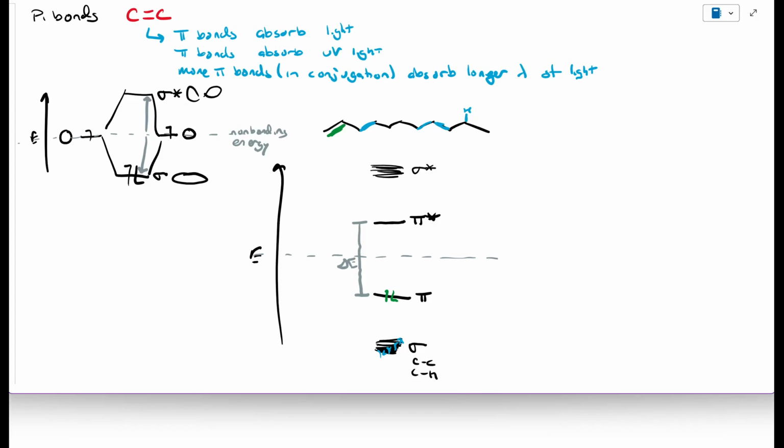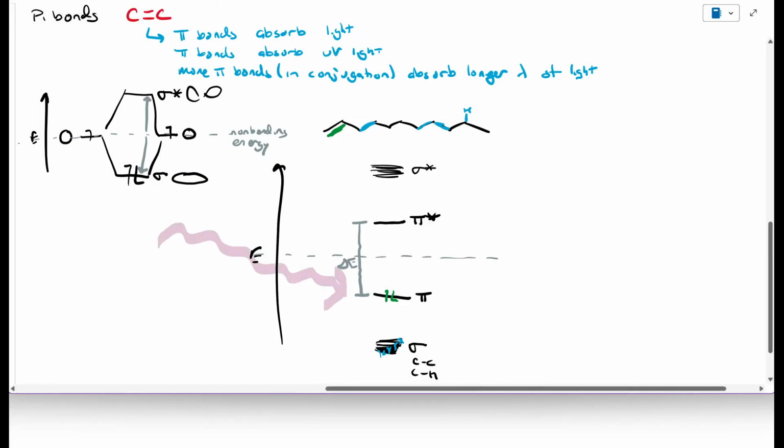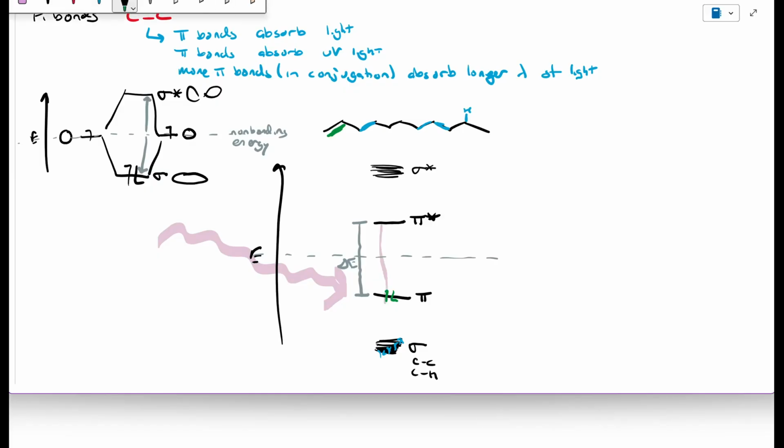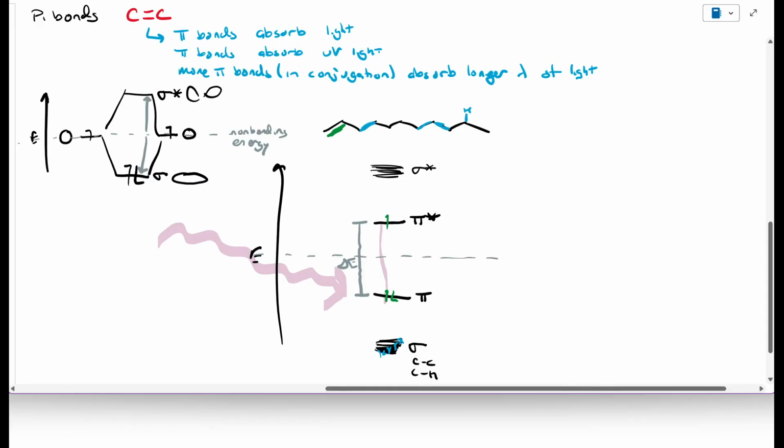Let me rephrase. If a photon hits this molecule, the energy in that photon could be transferred to the molecule. And if that energy is exactly the right amount of energy, it could excite one of these electrons up to the pi star antibonding orbital.